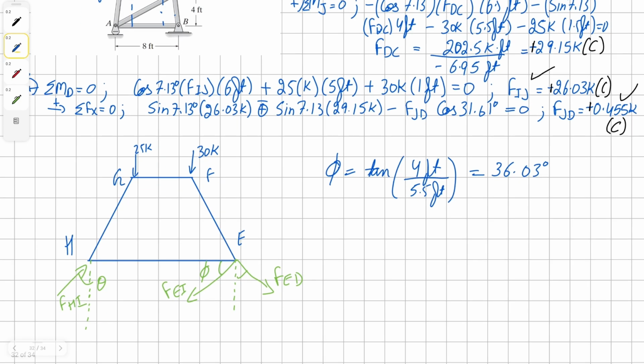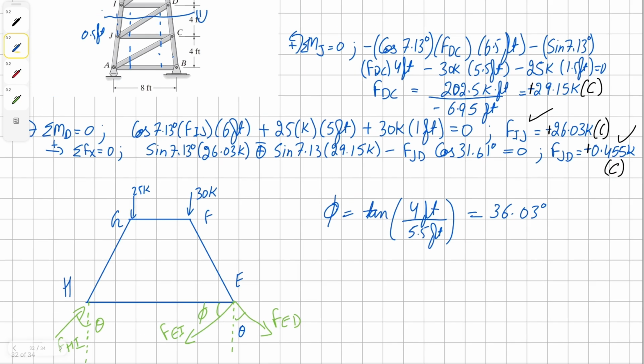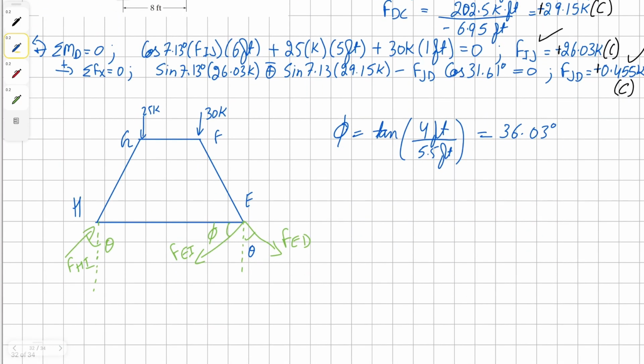So after phi, we're going to have to use the same methodology as we did before. So we're going to take our moment above the point I. So we're going to have horizontal and vertical component of force FED.